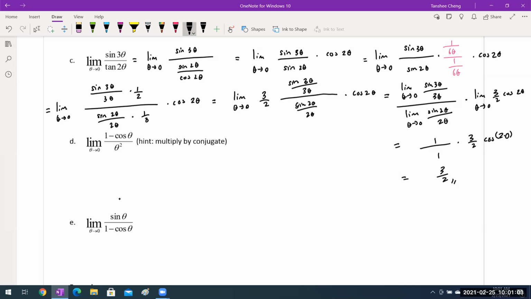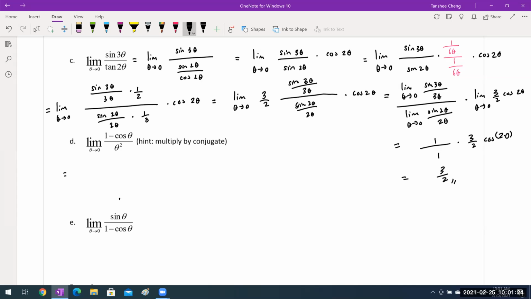Part D. Some of them you need to use trig identities, so you need to remember how to write it using a trig identity. And notice that the denominator right here is theta squared, so you cannot use direct substitution. It's not going to work.